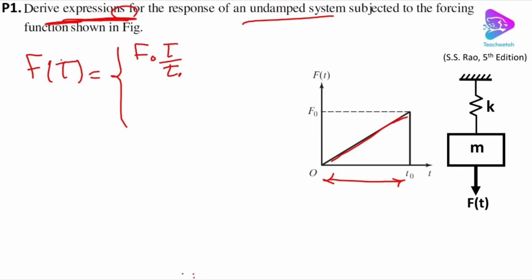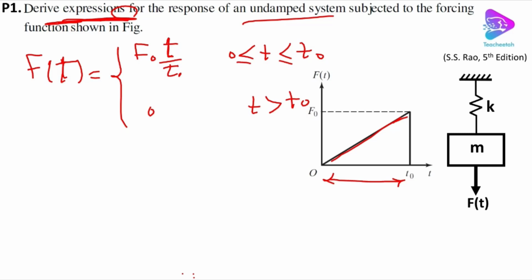It's just linear. You can find the slope and simply find the function. I just wrote it f tau, but you can simply write it f t. So this is f t, for t from 0 to t naught, and then 0 for t greater than t naught. So this implies that we need to find the responses or expressions twice, or find the integral twice.